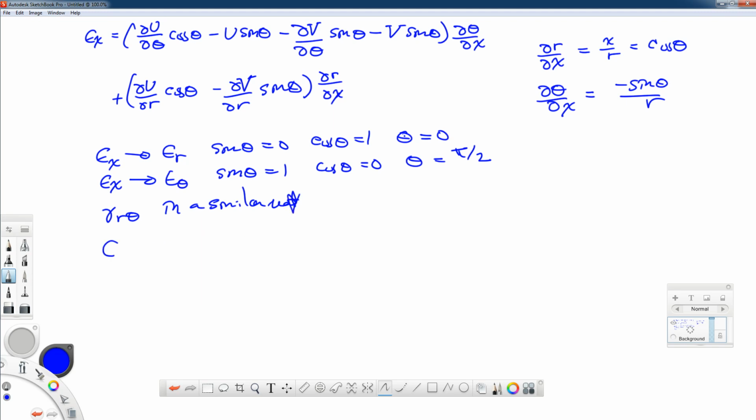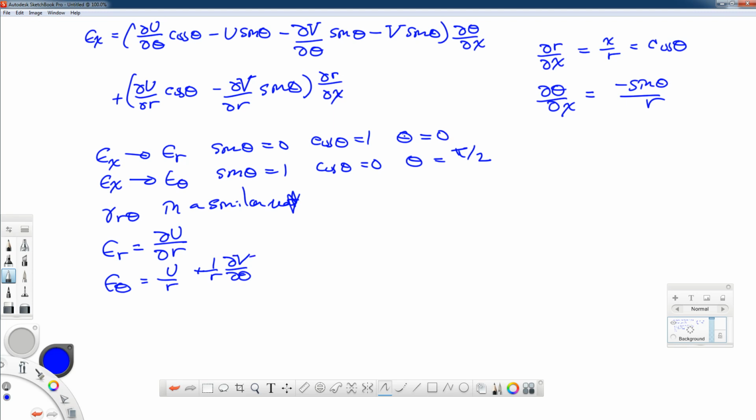But here we have epsilon r, and so epsilon r then would be equal to, after all these manipulations, the partial of capital U with respect to r, which looks pretty familiar. Epsilon theta, it's going to look a little more interesting. It's capital U over r plus 1 over r, partial of capital V with respect to theta.